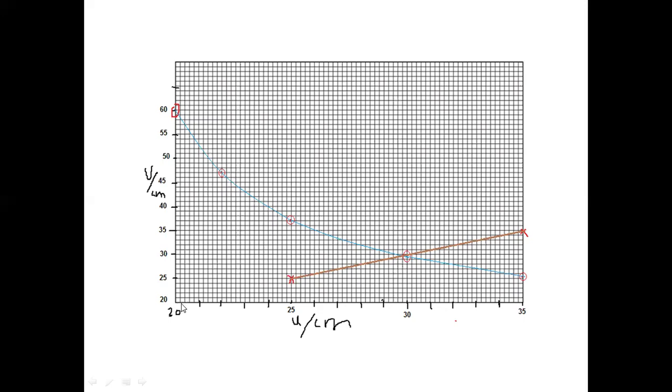So 20, 20.2, 20.4, 20.6, 20.8, 21, 21.2, 21.4, 21.6, 21.8, 22. This is how the x-axis is labeled. The quantity taken must be mentioned on the graph, and the unit also. So 5 small divisions are equal to 1 centimeter along the x-axis.